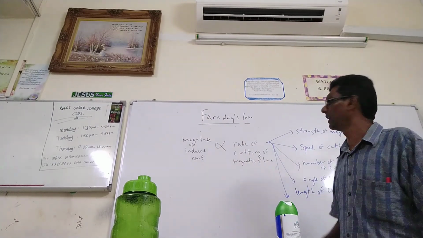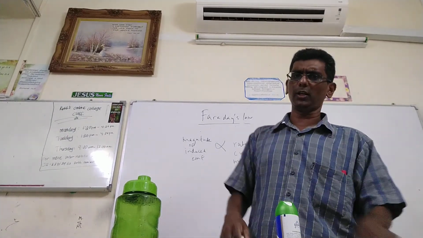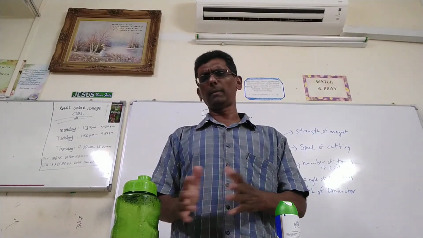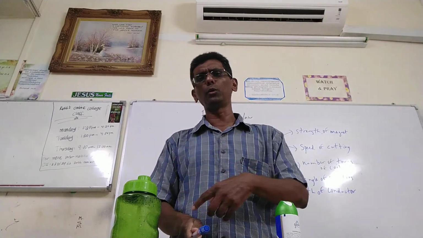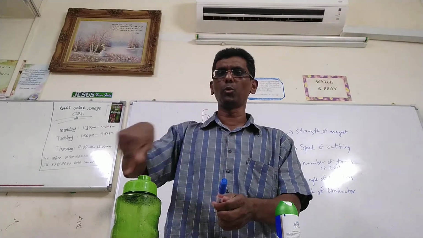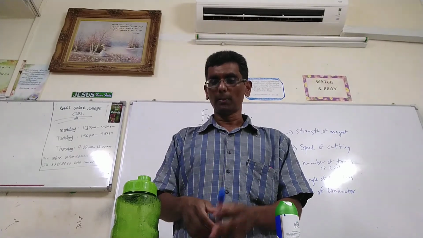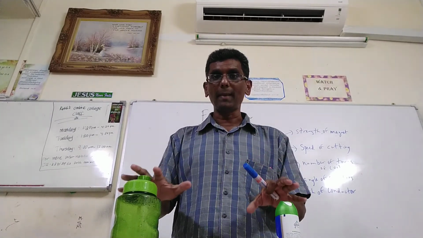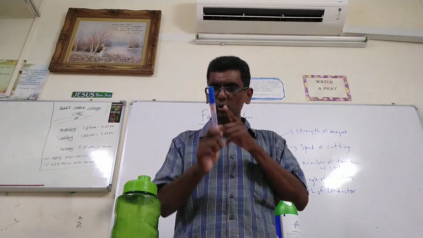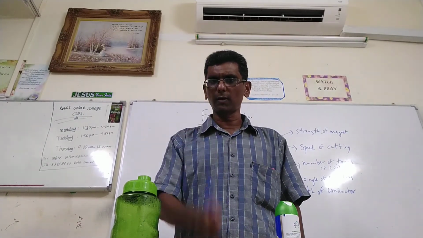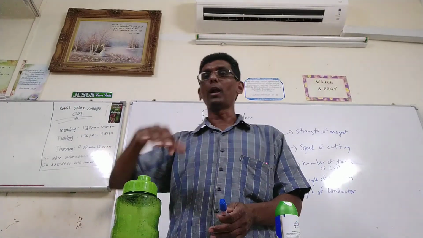The first factor is the strength of magnet. If the magnet is weak and you cut the flux, maybe you produce 20 volt or 30 volt. But if it is a strong magnet and you cut the flux of the strong magnet, you produce 100 volt, 200 volt, a higher voltage.